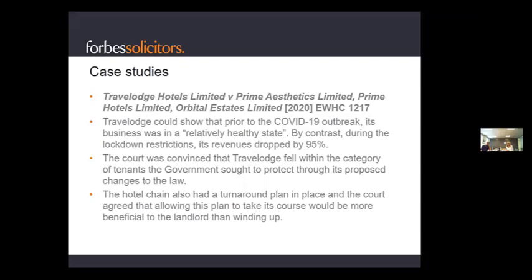During lockdown restrictions, revenue of Travelodge is said to have dropped by 95%. This was enough to convince the court that Travelodge fell within the category of tenants that the government was seeking to protect through the proposed changes to the law.